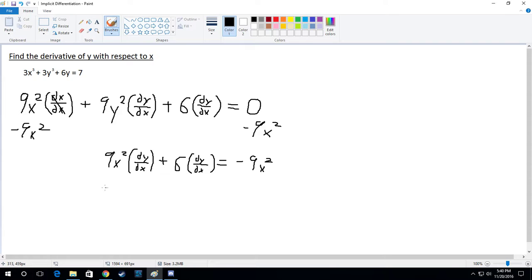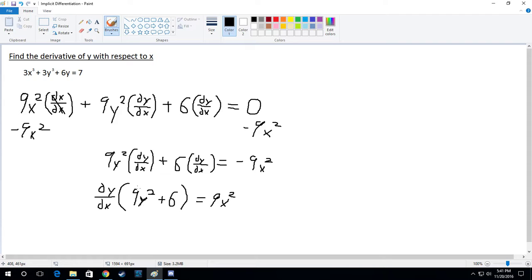So we can get dy dx times 9y squared plus 6 equals negative 9x squared.